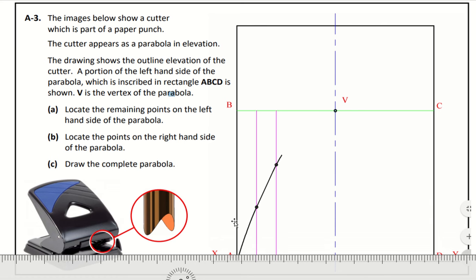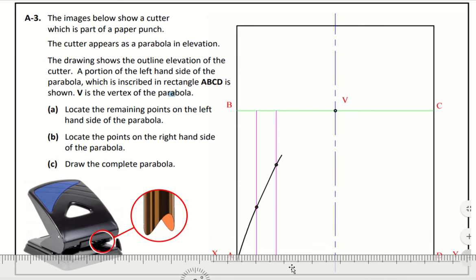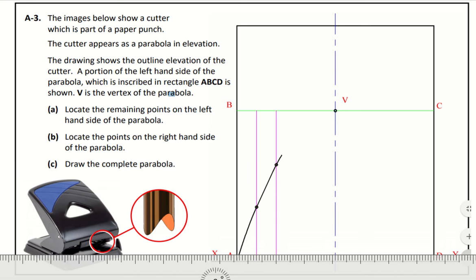So we know the distance between the edge of the rectangle and the first line is, on my rule, 1, 2, 3, 5, 6, 7. So the distance between there and there is 7. I can come over here and go to the draw tool. Again, I'm just doing this as best I can.